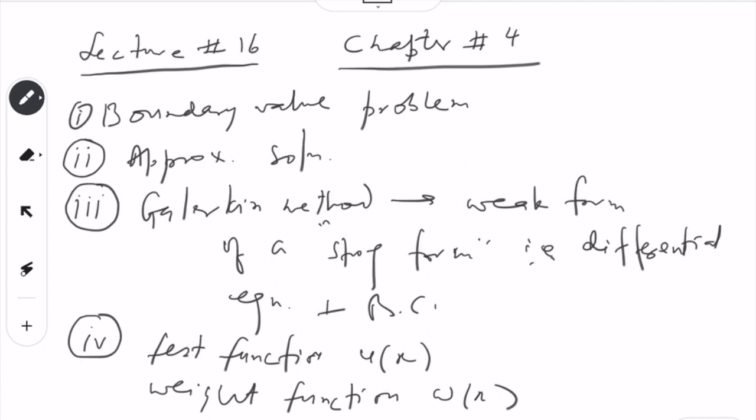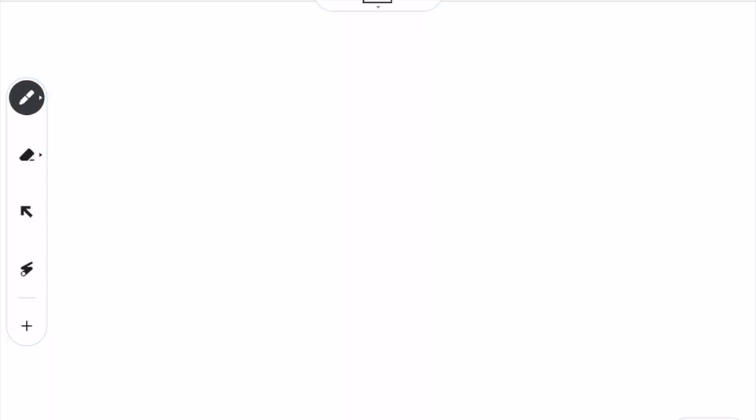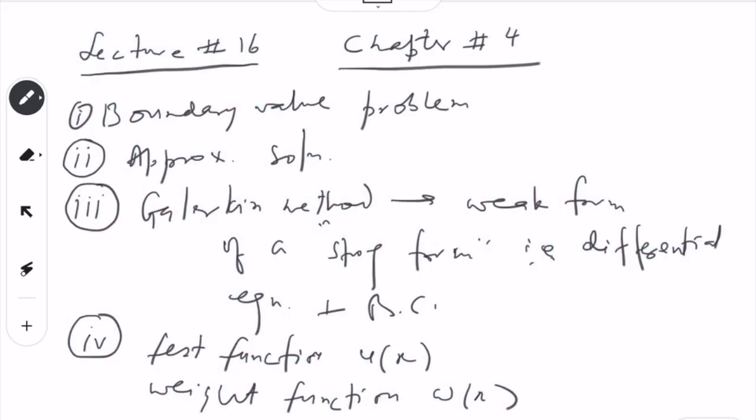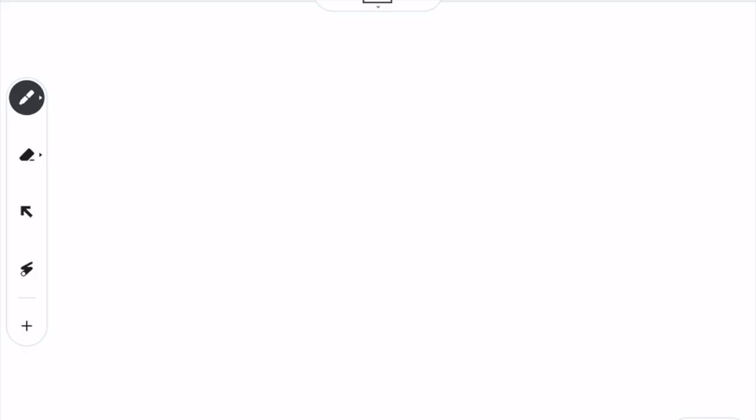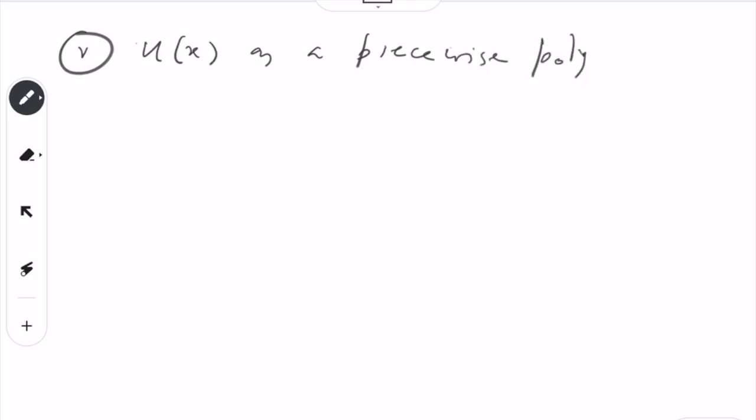In the last lecture we actually looked at the test function u(x) as a piecewise polynomial, and this is what makes it finite element analysis. Which one? The piecewise polynomial.